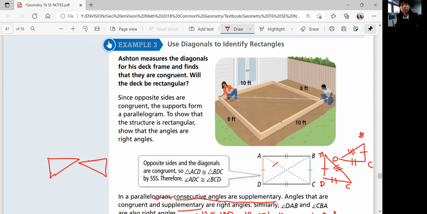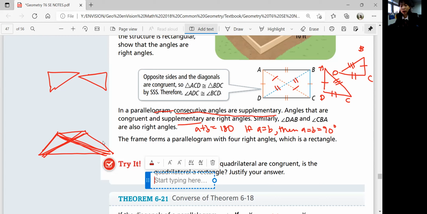Okay, so trapezoid is a really good example of where you can find congruent diagonals, but they're not always a rectangle. It's not a parallelogram, but it's still a quadrilateral.